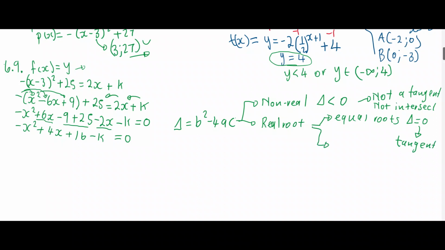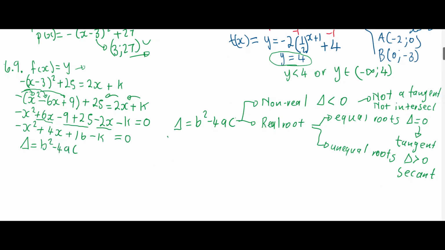That's for tangent. Hope you guys understand what's happening there. For unequal roots, you'll be solving the discriminant greater than 0, and it's going to be a secant, so the line possibly touches twice.